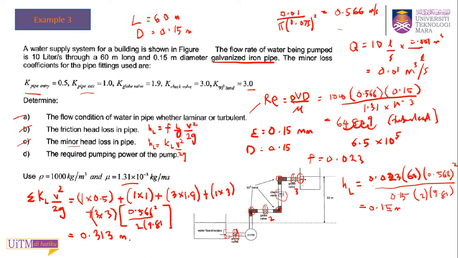Okay, and lastly, to find your required pumping power, you need to add both losses, 0.15 and 0.313. So this is your total loss. The total loss will be equal to 0.15 plus 0.313.